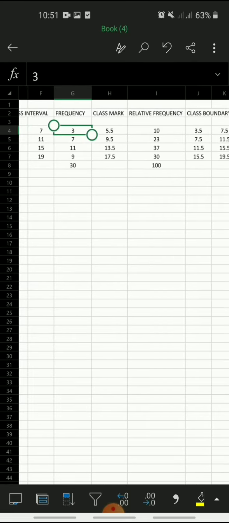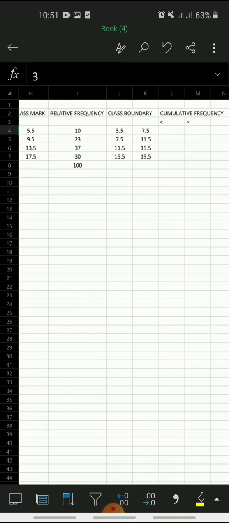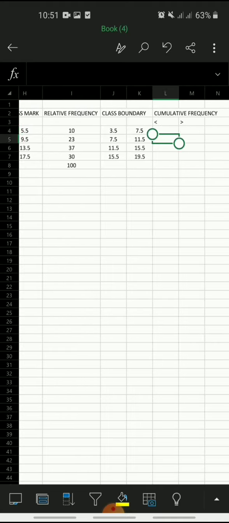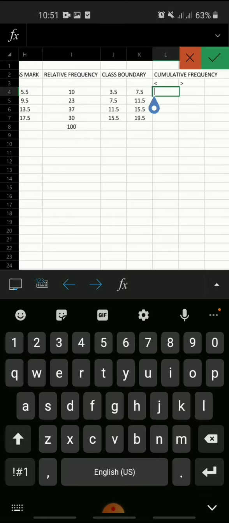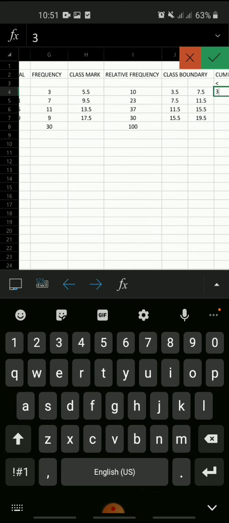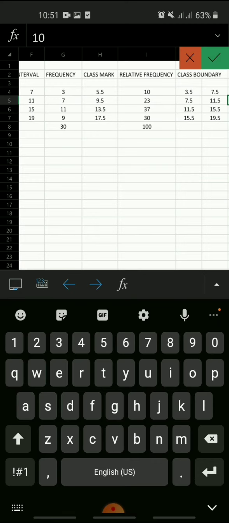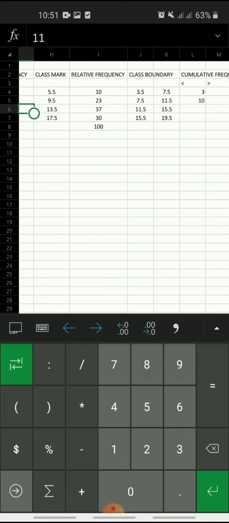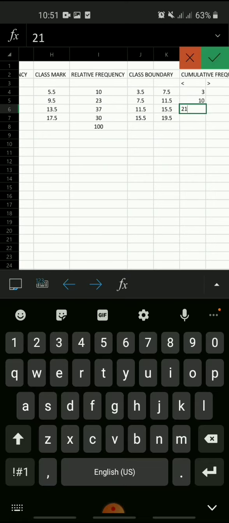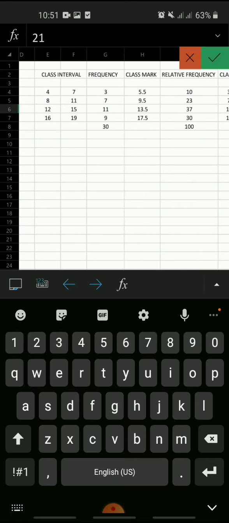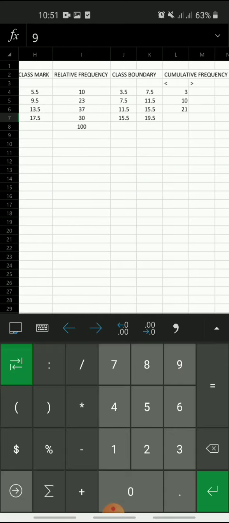So 3 plus 7 equals 10. So 10 plus 11 equals 21. And then 21 plus 9 equals 30.